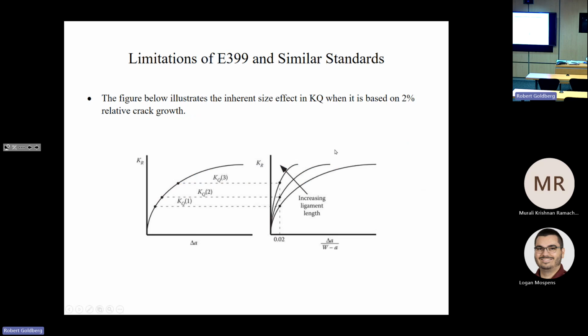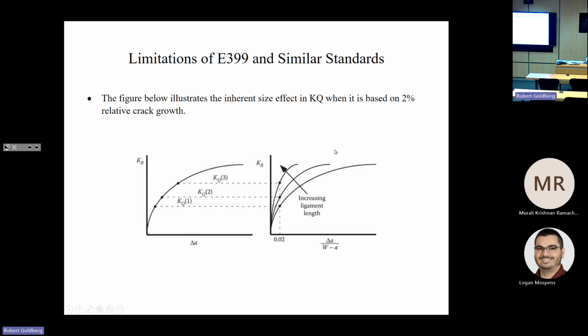If the nonlinearity is primarily due to crack growth, then this deviation corresponds to crack extension through 2% of the ligament. So for the specimen size effect, if you have increasing ligament length, you have increasing R curves, which affects what you measure and determine for your KQ.